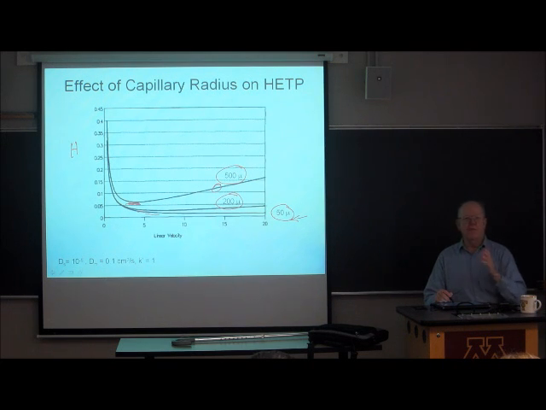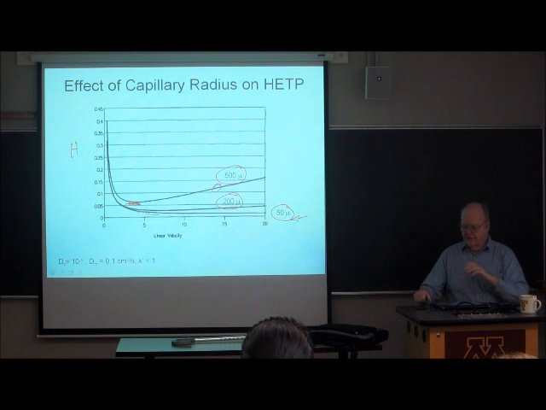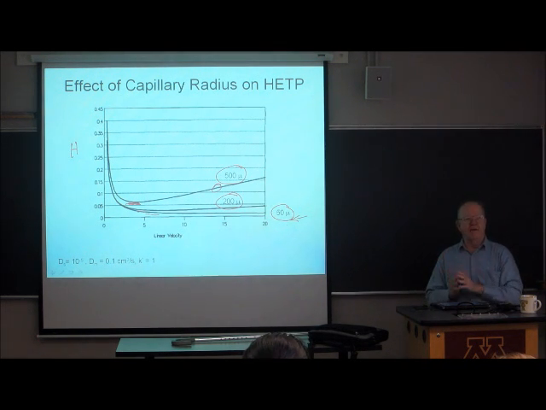In fact, these are called macro bore capillaries versus a 50 micron ID capillary, and this would be called in the trade a high resolution GC capillary column. So clearly HETP does depend upon the scale of the system in gas chromatography.